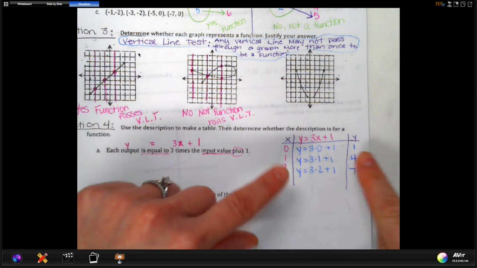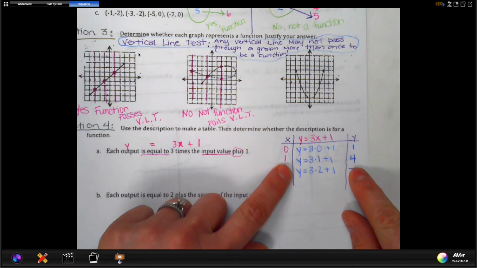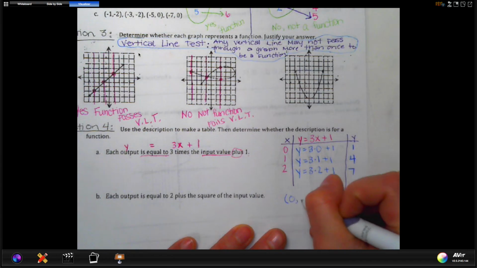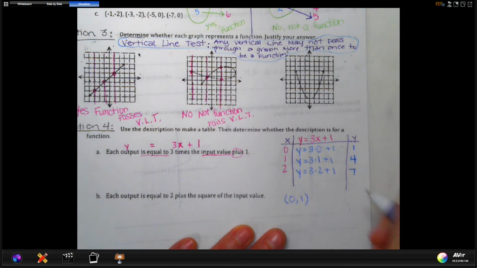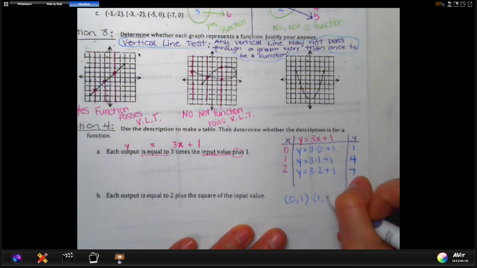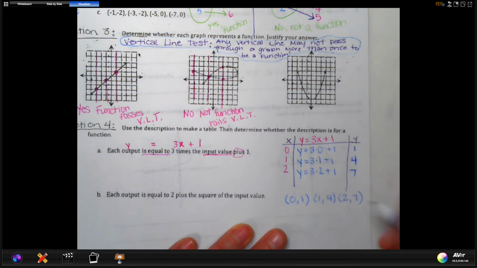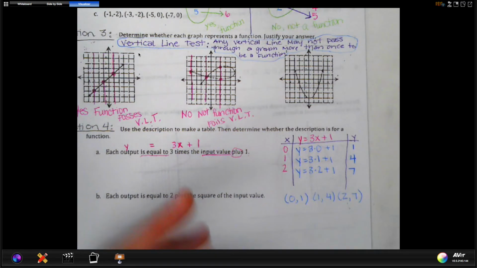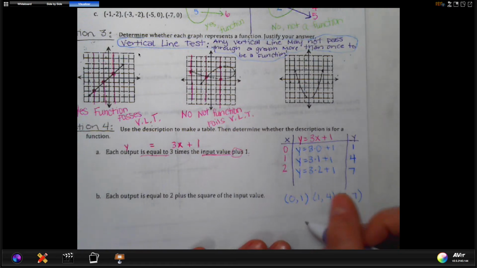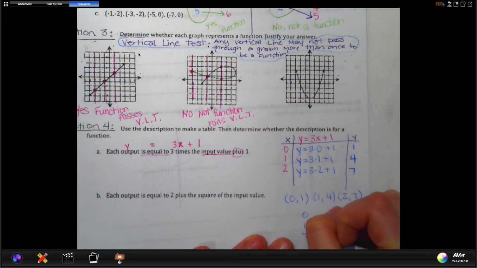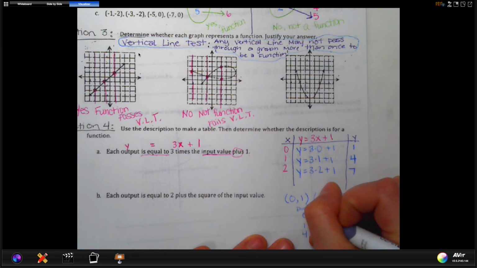Okay, and now realize that these are going to be ordered pairs. So our ordered pairs would be 0, 1. And then 1, 4. And then 2, 7. Those are ordered pairs just like we saw in section 2 above. And our arrow diagram would look like this. 0, 1, and 2 are our domain values.